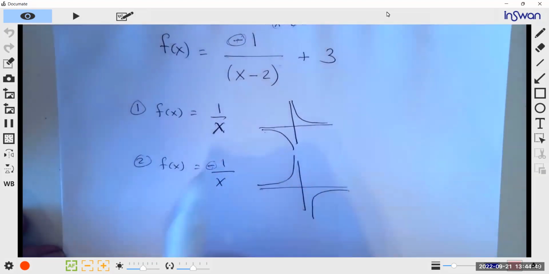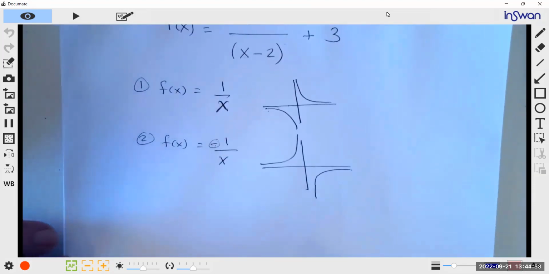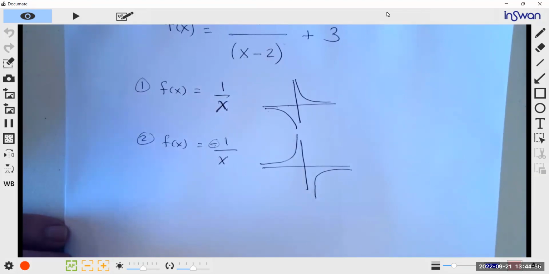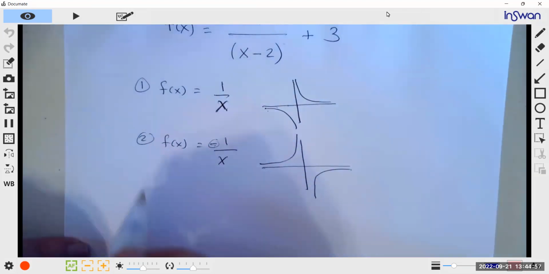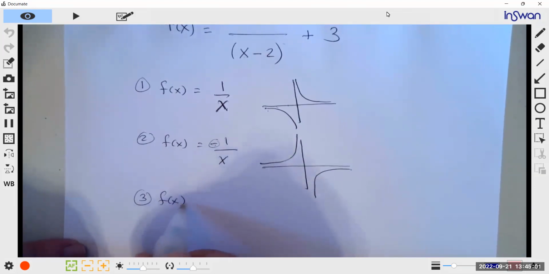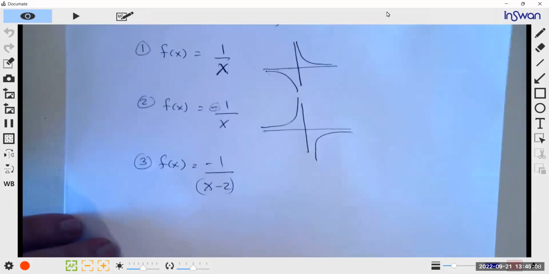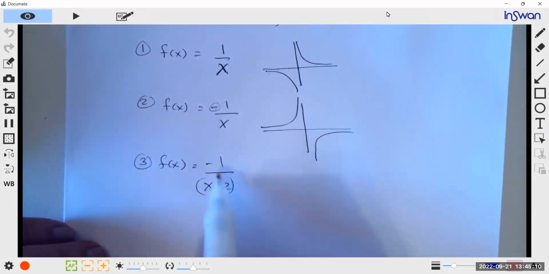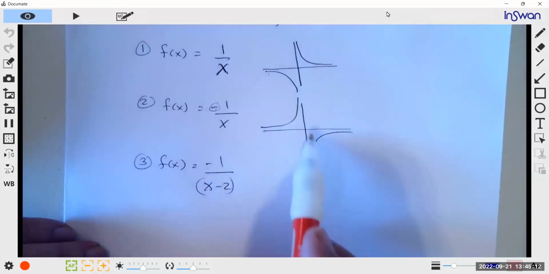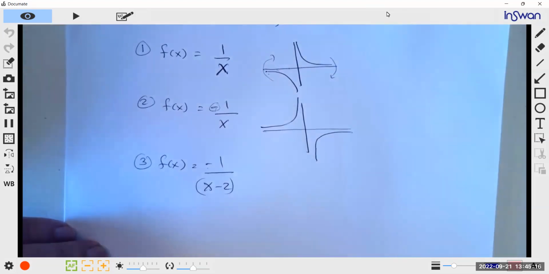This makes it flip across the x-axis. And we have x minus 2 on the bottom. So we took care of the basic structure. Negative makes the graph flip. This part has to go up there. This part has to go down there.